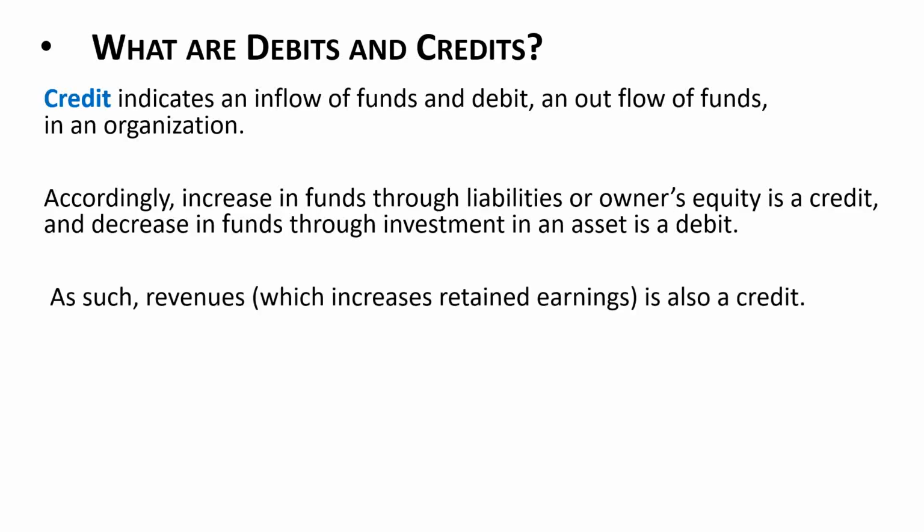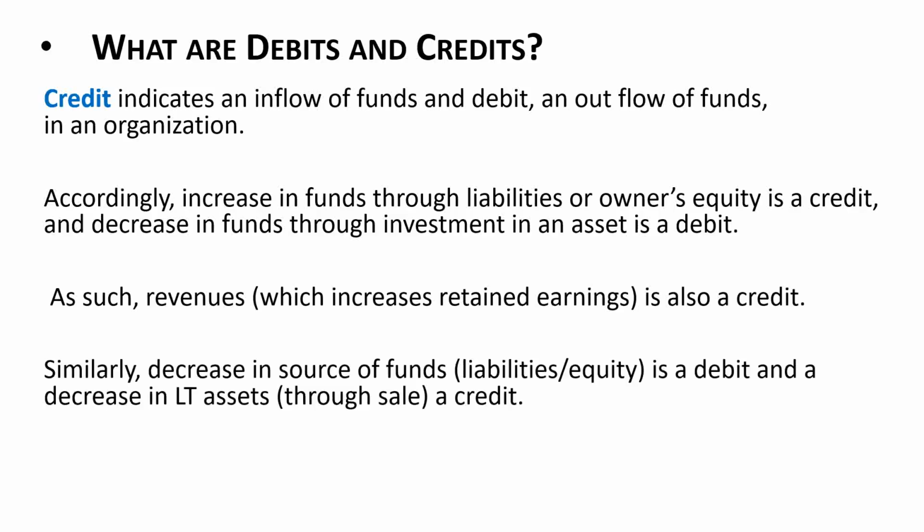Okay. As such, revenues. Remember, owners give money for you to make earnings, and revenues increases earnings. Now that is a credit because it's good news, funds are coming in. Similarly, decrease in source of funds is a debit.